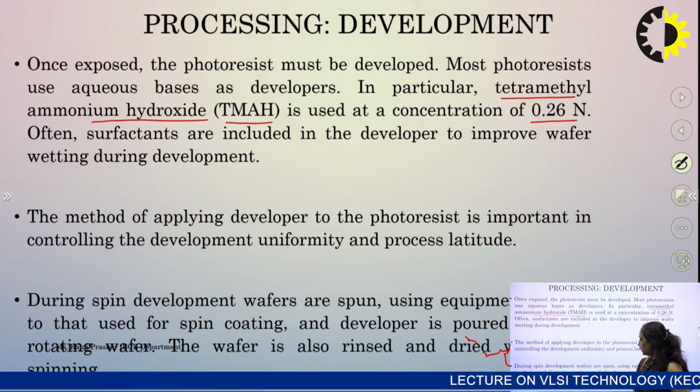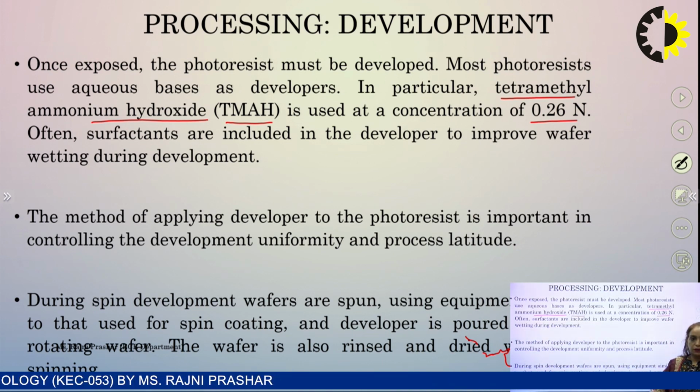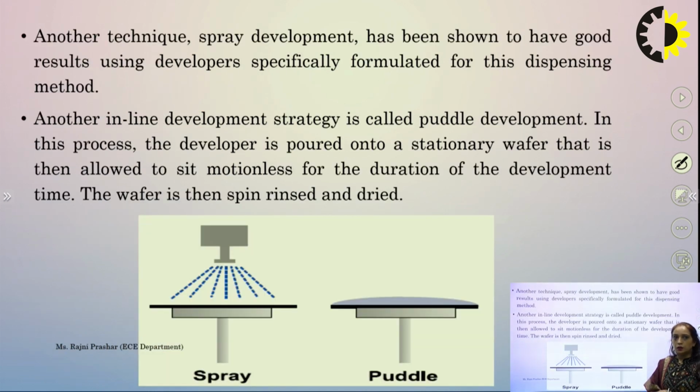During the spin development, the wafers are spun using equipment similar to that we use for the PR material. For the application, we have to rinse the substrate inside the developer solution, and then we have to dry that. Here we can see the spray technique and the puddle technique.